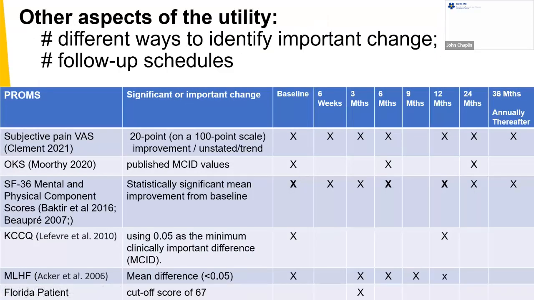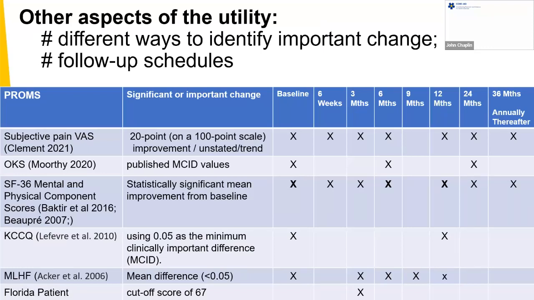One thing that I also wanted to briefly mention is other aspects related to utility. There are different ways of identifying important change, and this needs to be considered very seriously when we're choosing a questionnaire. In the examples I've given, sometimes for pain, for example, a 20-point difference or a 30% difference is given as an indication of acceptable or significant change.